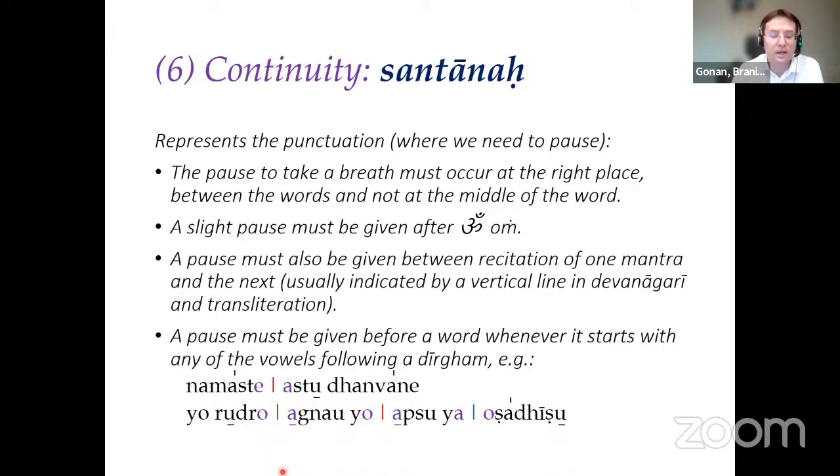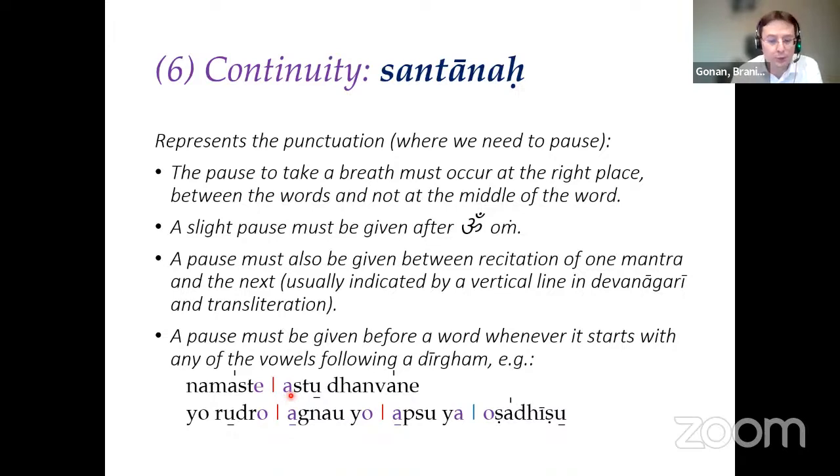Yo rutro, agnau yo, apsu ya oshadhishu. So only when there are those red vertical lines, we should really pause long enough. And this happens only in the case when there is a dirgham following with the hrasvam. So we are here speaking about the vowels, right?